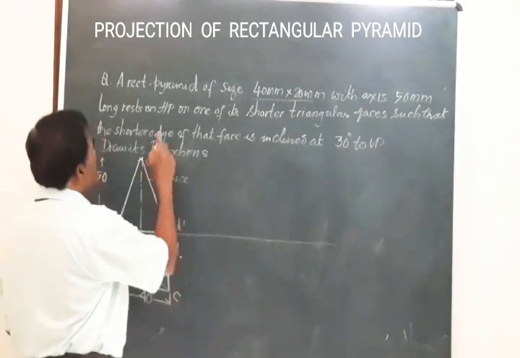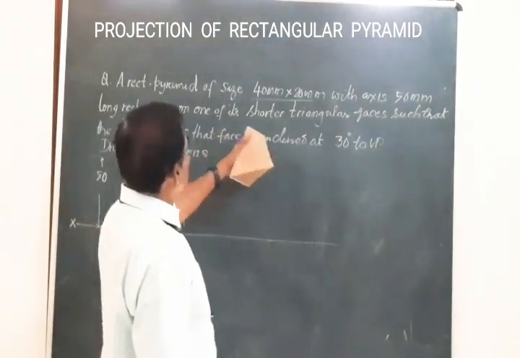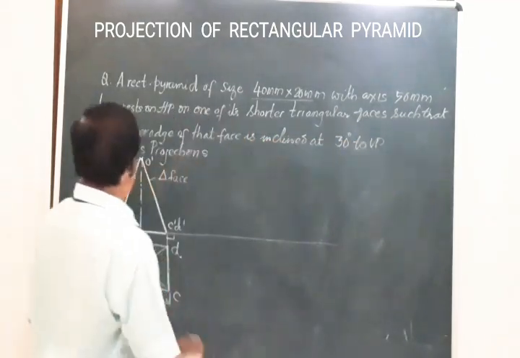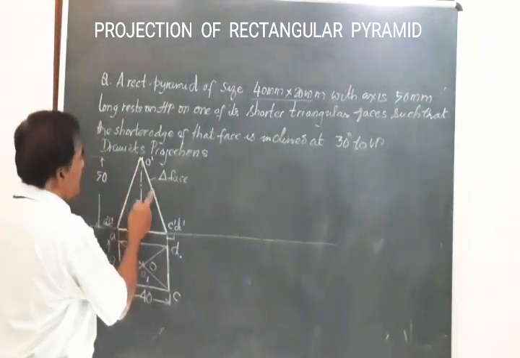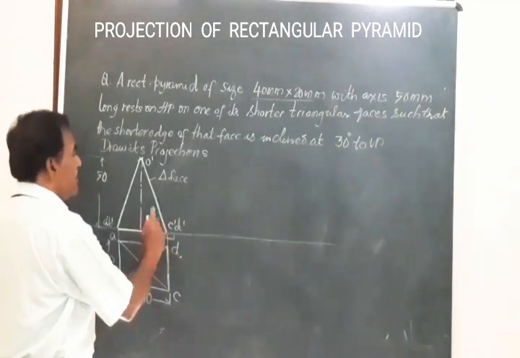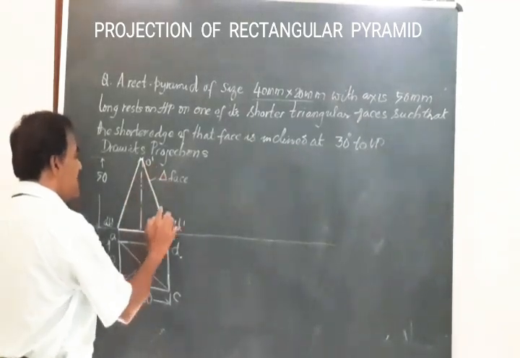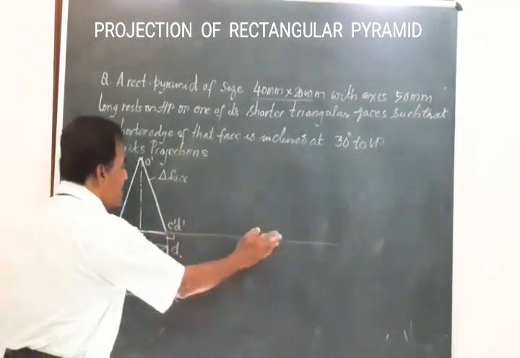He says in the question, it has to rest on one of these shorter triangular faces. Shorter triangular face is O dash, C dash, D dash. So now it is at an angle to HP. I am going to redraw this figure such that this O dash, C dash, D dash rests on this.